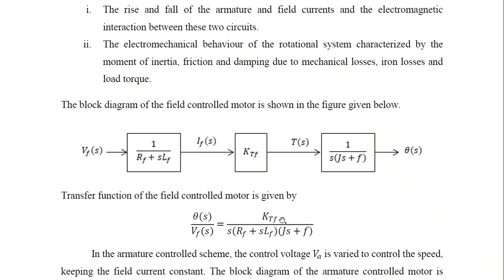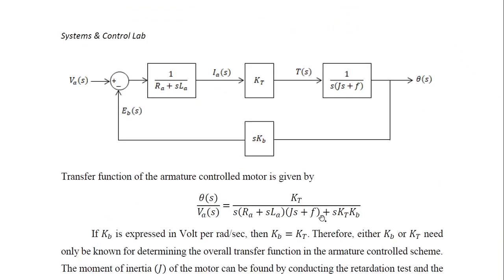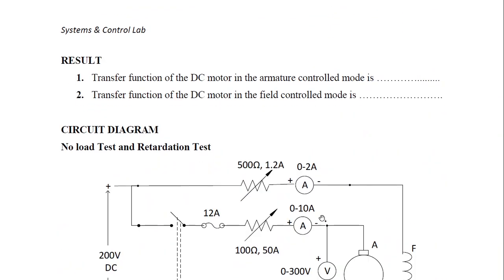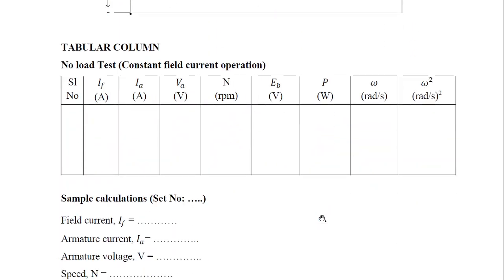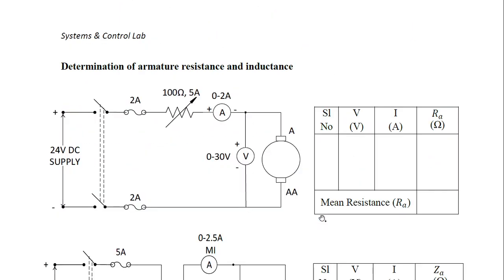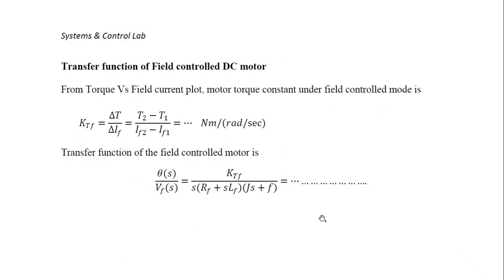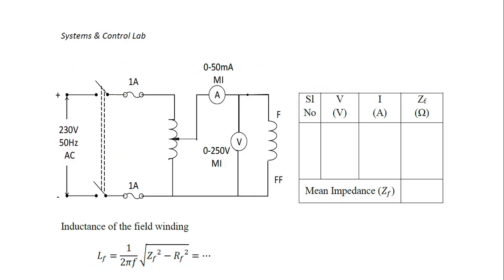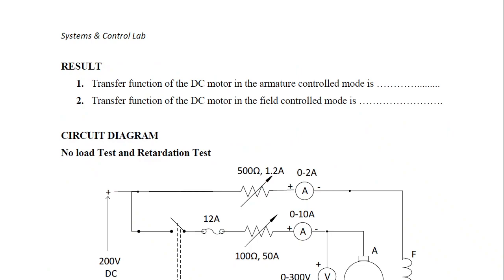So that you can substitute for all these unknown parameters, so that you will get the transfer function. Okay, so our two aims will be successfully completed, and you have to write the result as 1 and 2.